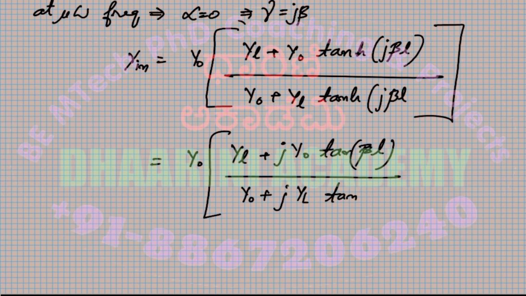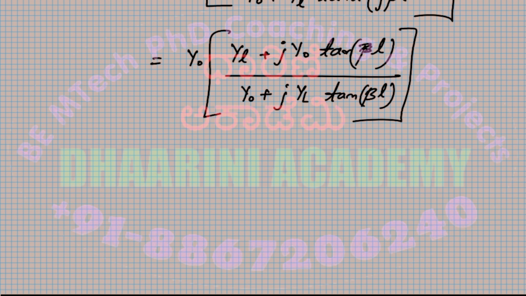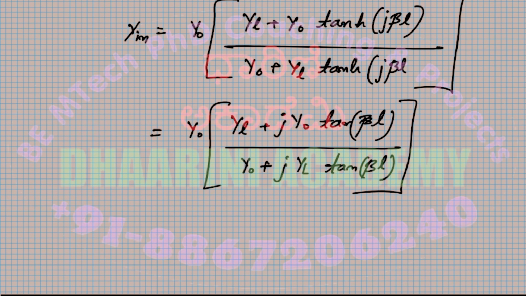Is it fine? Okay. Next is an important step, the most common step for our Smith chart problem. That is called normalization. Normalization in the sense you divide the whole equation by the characteristic value. If it is impedance, you divide everything by Z naught.